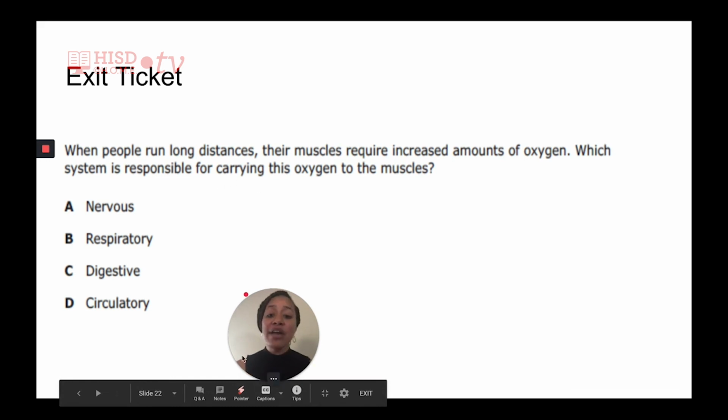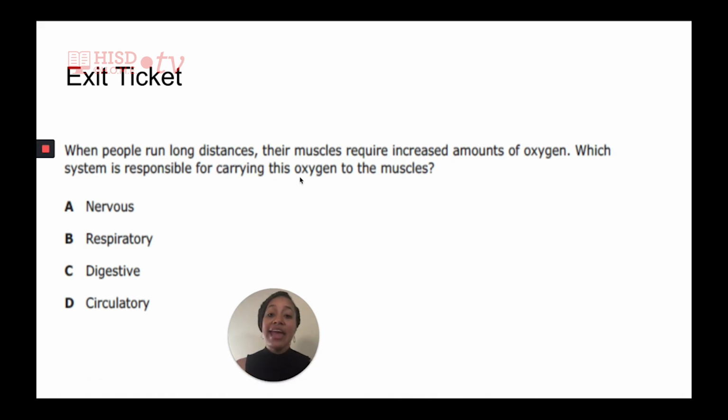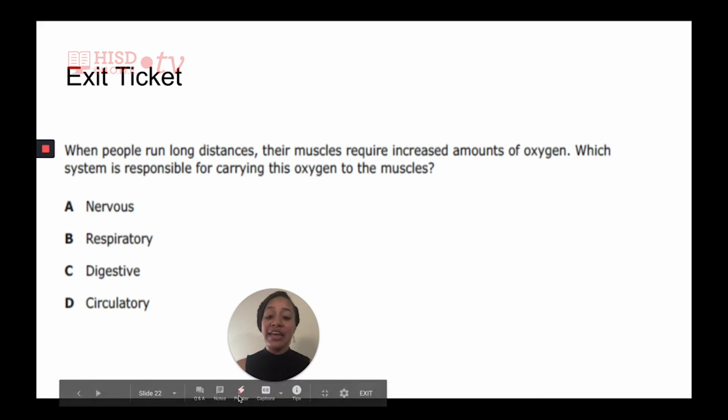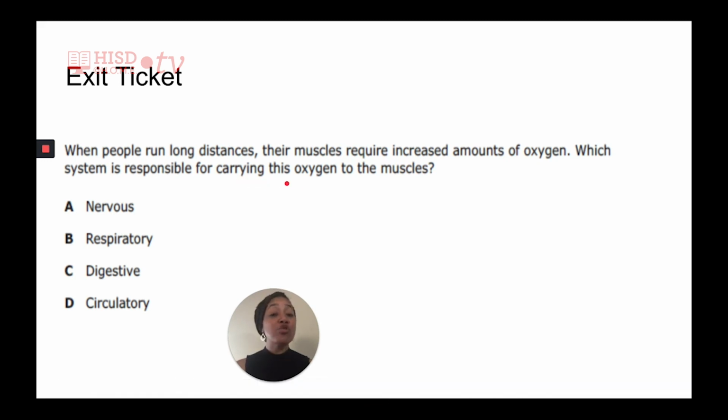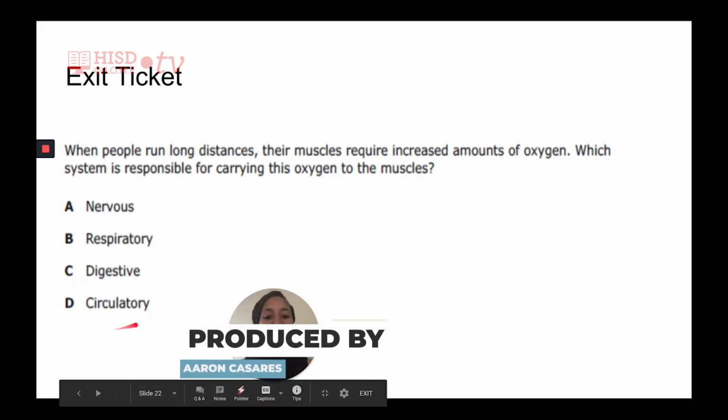Yes, carrying this oxygen is key. So now that we see that carrying this oxygen is the key part to this question, we should be able to narrow down which system carries oxygen. Right, the system that carries oxygen is the one we discussed today. It is the circulatory system.